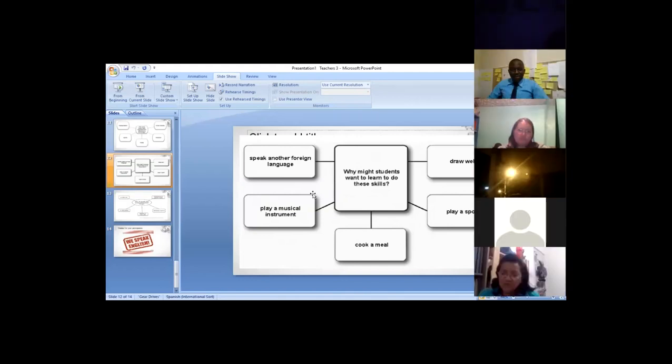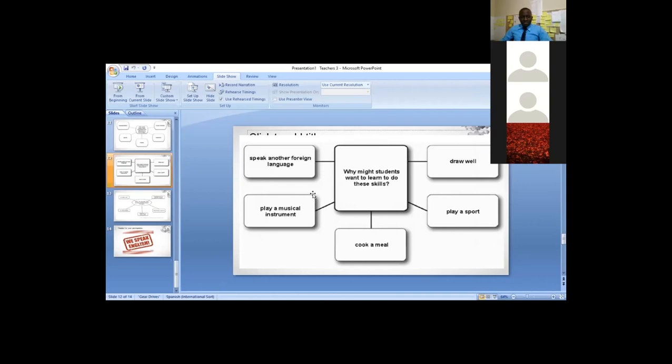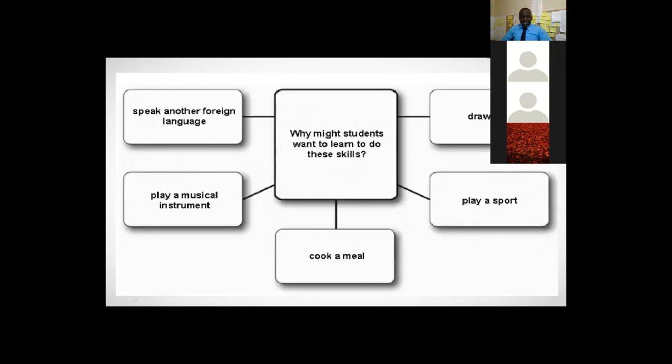And the last one, speaking another foreign language, maybe if they want to travel abroad in order to get a profession or in order to specialize in their studies, they need to learn to speak another language in order to be more prepared and also to have success in their studies, especially if they want to travel to a place where the people speak a different language.